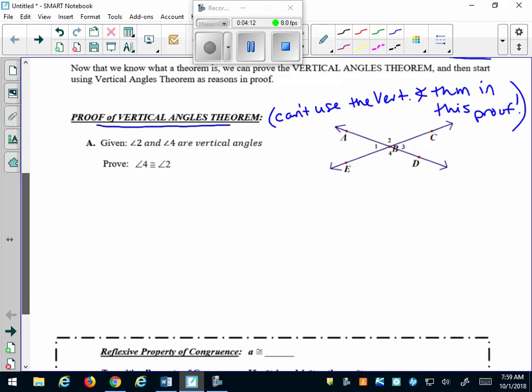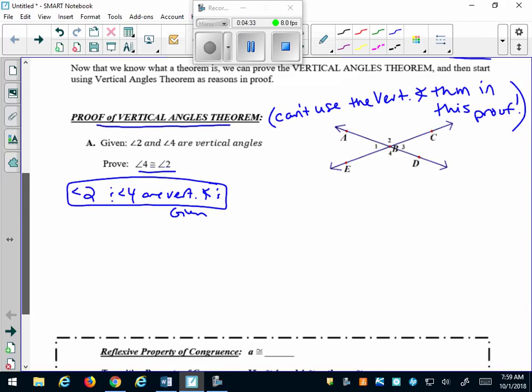Okay, we're going to start the same way though. Angle 2 and angle 4 are vertical angles. Like I said, that's like the hypothesis: two angles are vertical angles. And proving they're congruent is the conclusion of our theorem. That's what we're trying to get to.